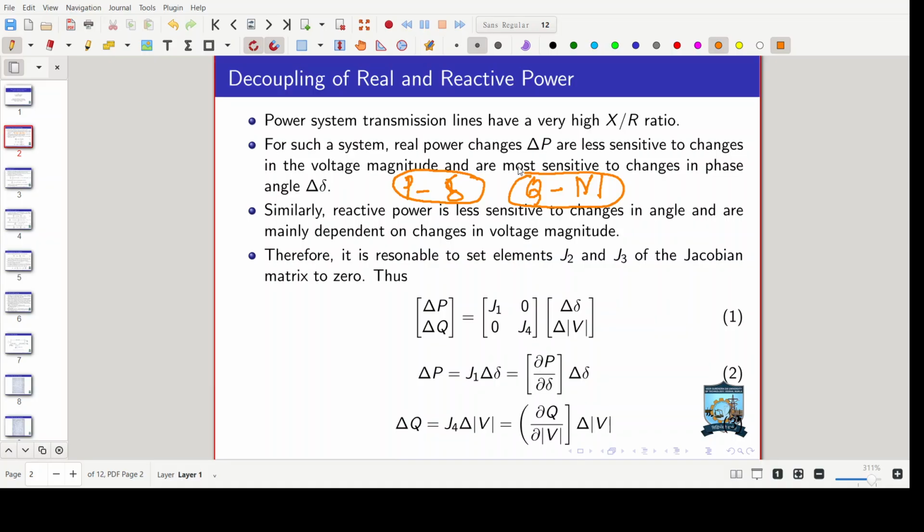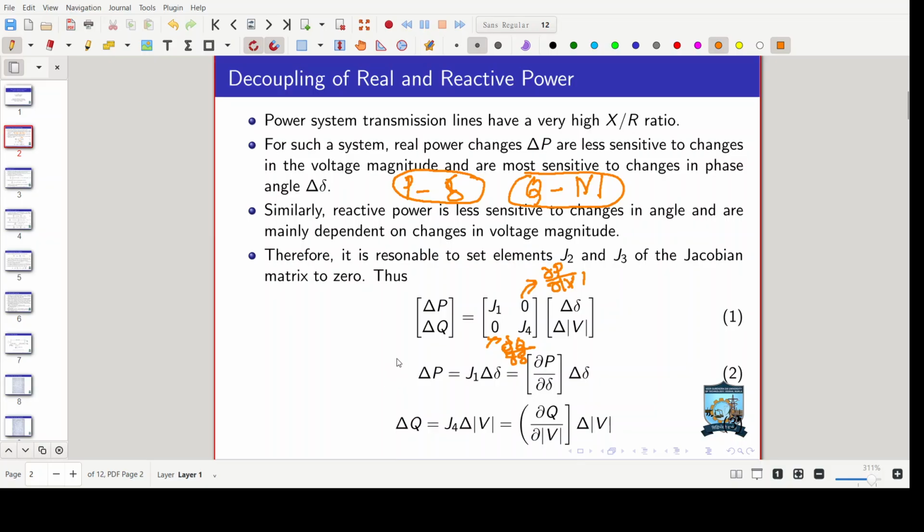What were J2 and J3? J2 was about the dependency of the real power on the voltage magnitude, whereas J3 was related to the dependency of reactive power on the load angle.